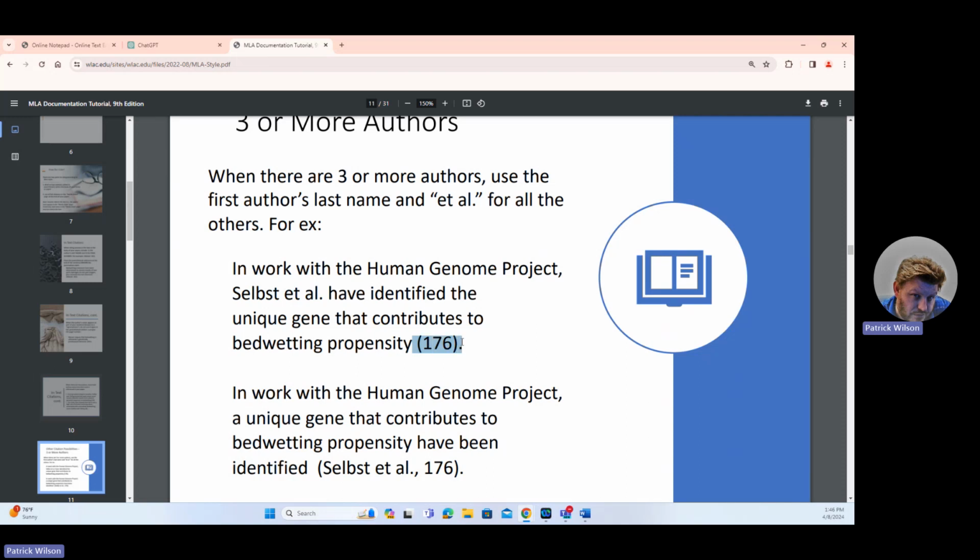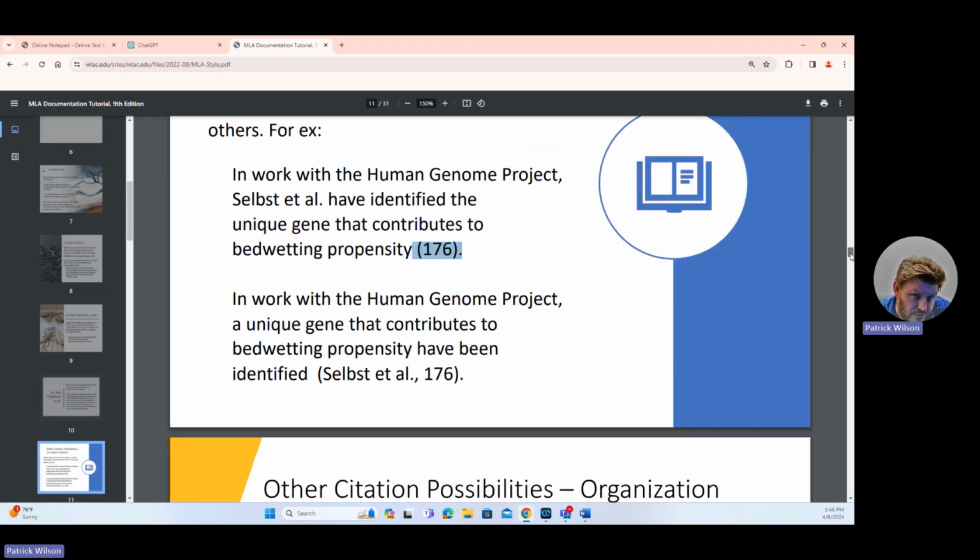Again, at the very end, we have the last name and the page number inside the parentheses with the period. Here we have the reverse of that, where we just have the last name inside the parentheses, again "et al.," because there are more than 3 authors. And notice too how now it's period, comma. It's because of the way this is abbreviated. That's why you need to write it this way.